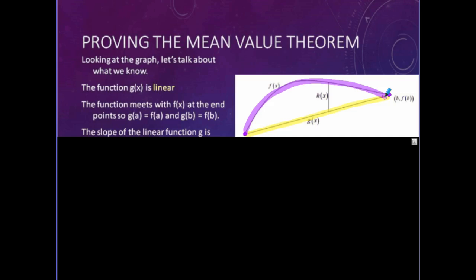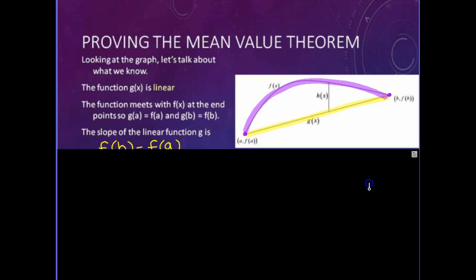Good so far? What's the slope of any linear function g? Go back to olden days. What would be the slope of g, if I asked you to tell me what's the slope of g? Okay, go ahead and fill that in on your paper.